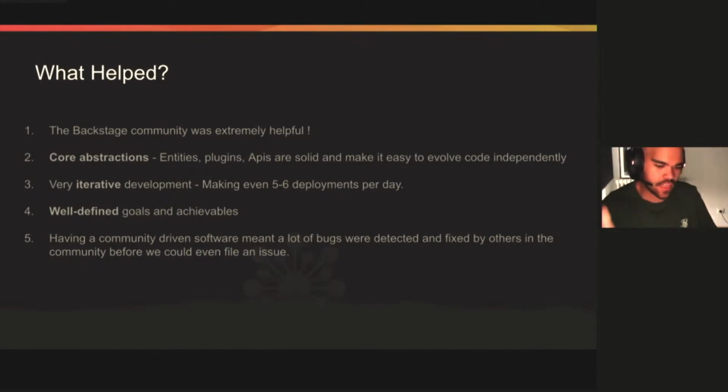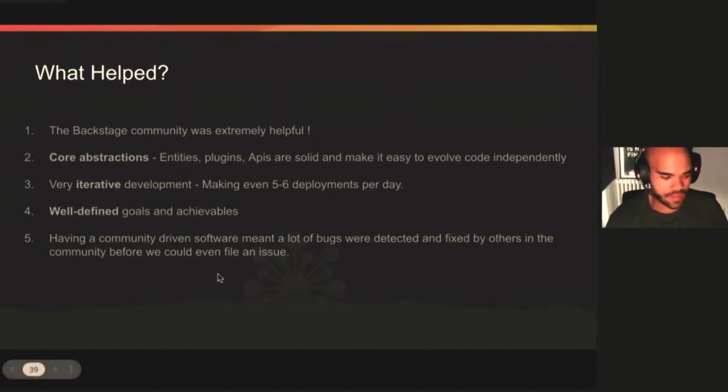So having a clear goal of what we want to achieve was very helpful. And another thing that was very helpful is that some bugs, we didn't have to fix, because whenever we found them, the community was already fixing them, which is always valuable. And I saw many cases on the documentation plugin, for example.